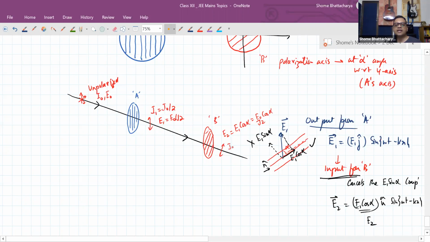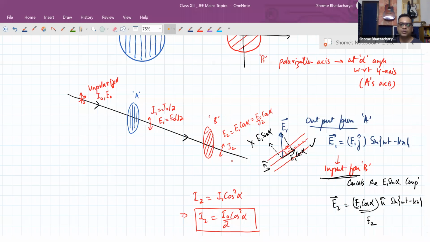So the intensity I2 will be I1 cos square alpha, or I naught by 2 cos square alpha. If you put alpha as 90 degrees, I2 becomes 0. If you put alpha as 0, I2 becomes I naught by 2. So by varying that angle, you can adjust the amount of light that you're getting out from this side. This is an interesting way of manipulating light.